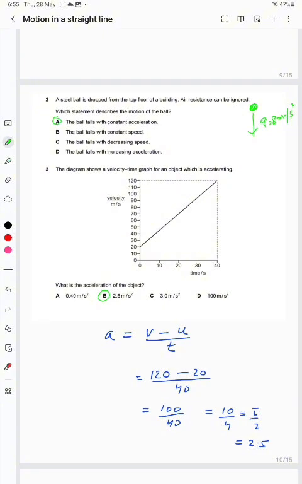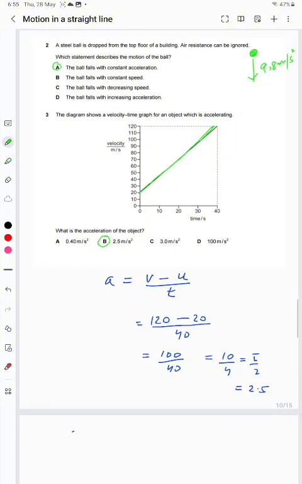Question number 3. The diagram shows a velocity time graph for an object which is accelerating. You can see it's a straight line. And a straight line in case of a speed time graph represents constant acceleration. What is the value of this acceleration?